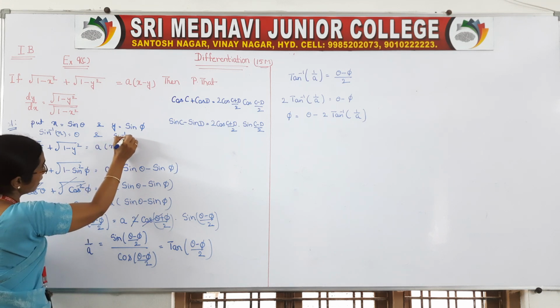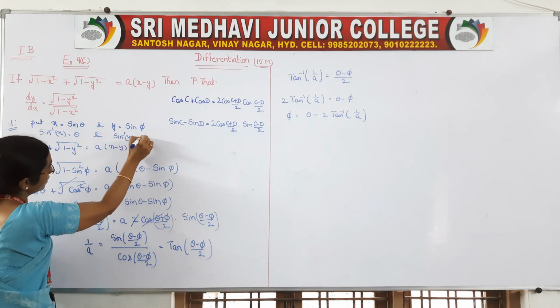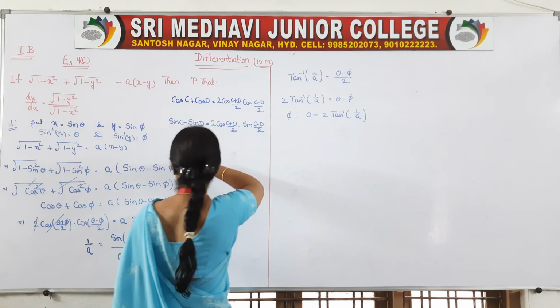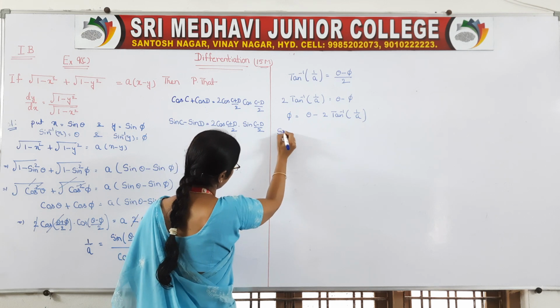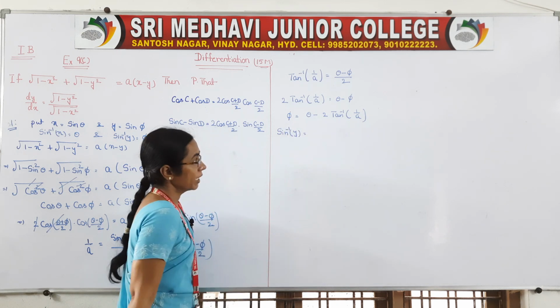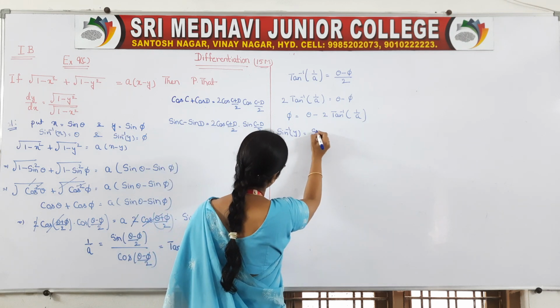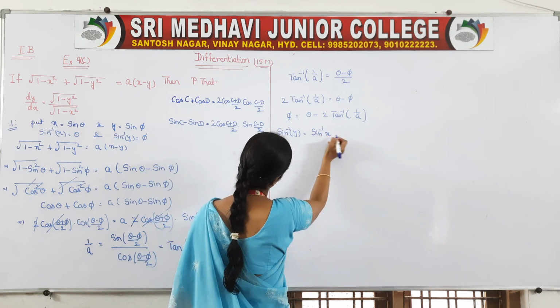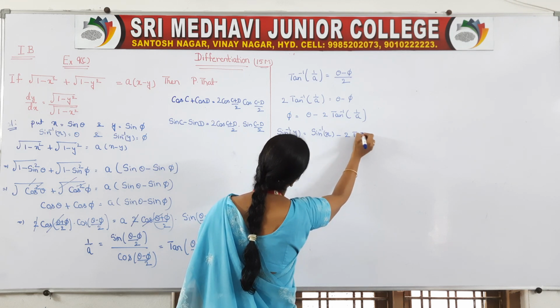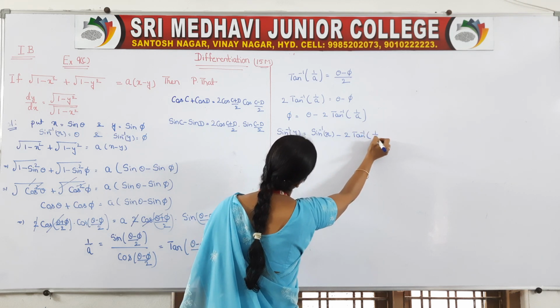So, it is sin inverse of y is equal to pi. So, here in place of pi, we will write its value as sin inverse of y is equal to, in theta's place, we will write sin inverse of x minus 2 tan inverse of 1 by A.